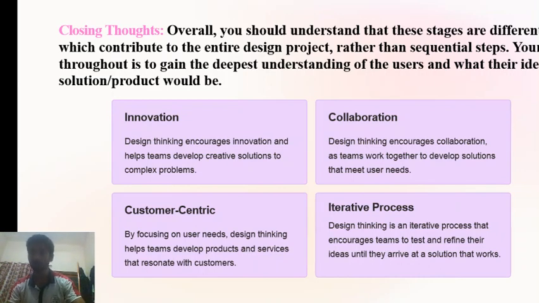We are not thinking about any animal or other natural creatures, we think about humans only: whether it is harmful or not, and how it will be helpful to human beings. All of these come under the customer-centric, or human-centric, approach. And the iterative process I have already explained to you. So these are the conclusions.